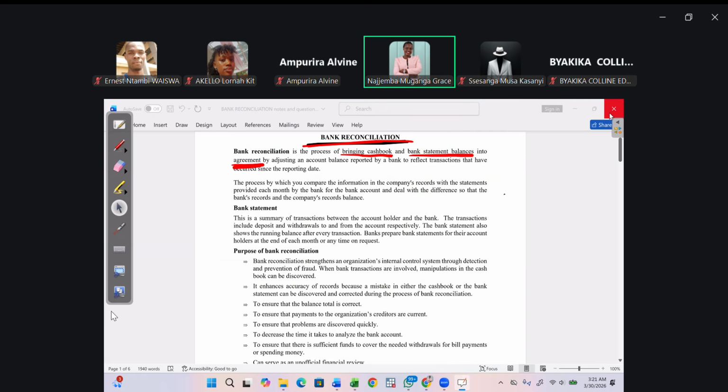Therefore, we should have similar balances. So a reconciliation is a process of bringing the cash book and bank statement balances into agreement by adjusting an account balance reported by the bank to reflect transactions that occurred since the reporting date.